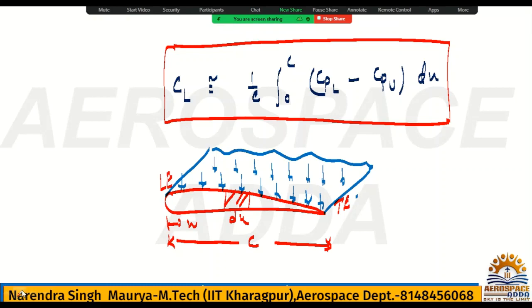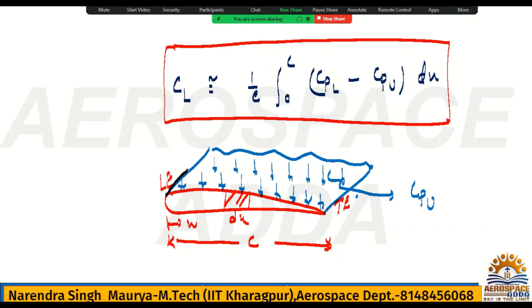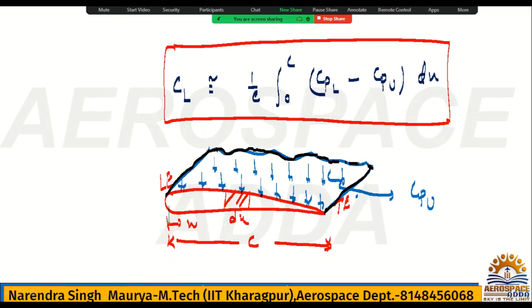This is the pressure distribution, and this is called Cpu, upper. This is very important. Similarly you can go to the bottom side. This is the bottom side.